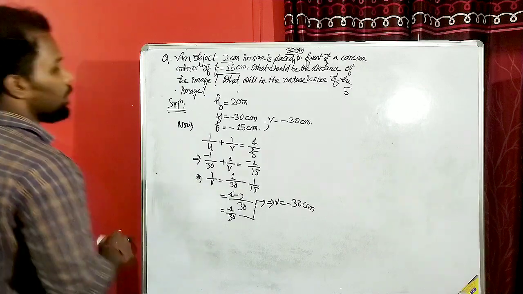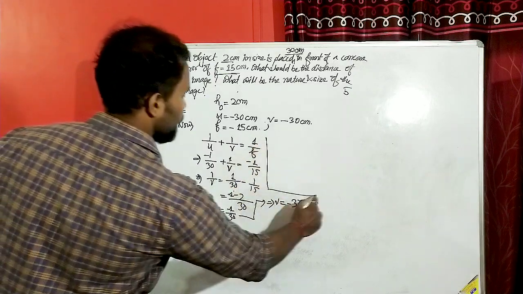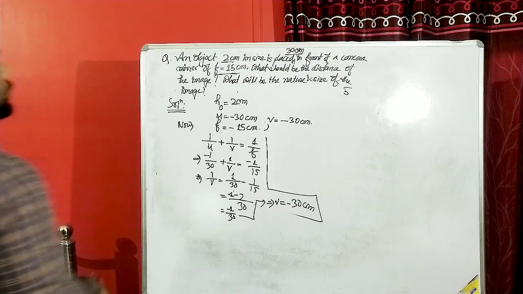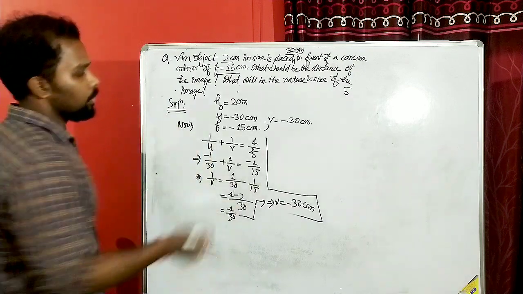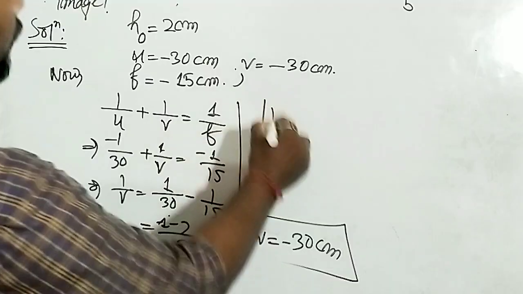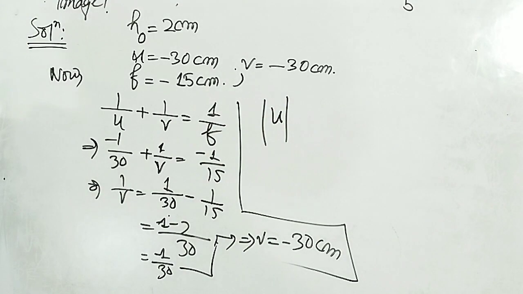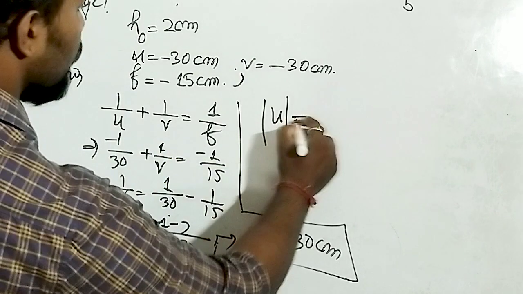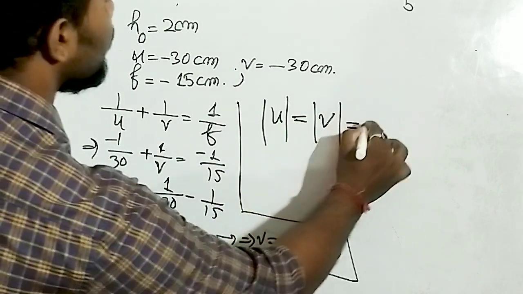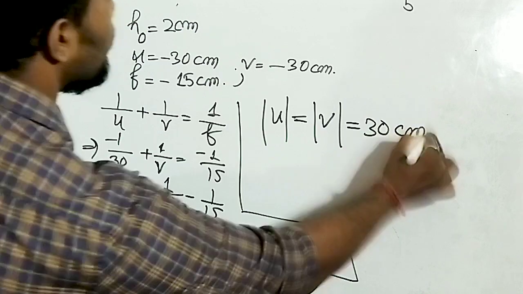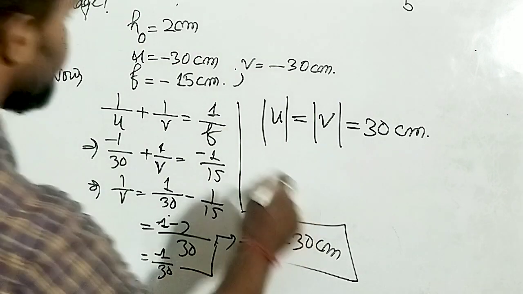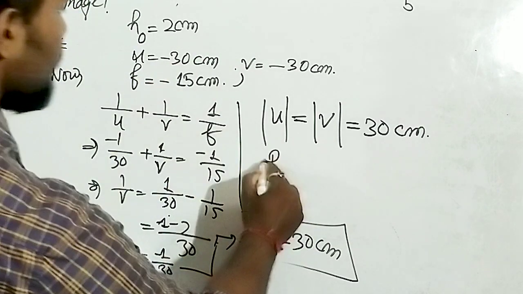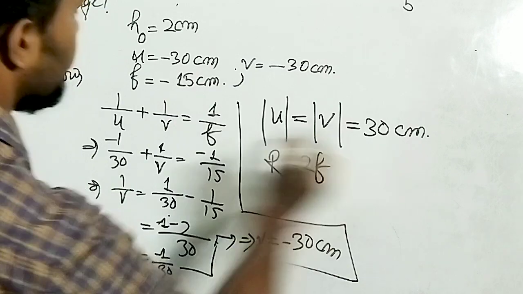This is the thing. One more important thing is given here. Just look at the value of u and v. If we only consider the magnitude, mod of u equals mod of v equals 30 centimeter. That means both the image distance and the object distance are equal. What can we say? That the radius of curvature is equal to twice f.